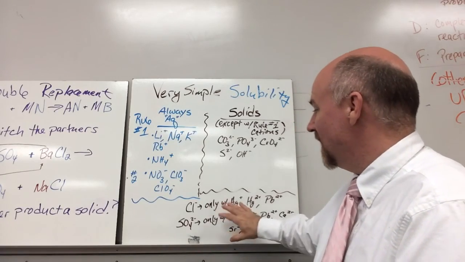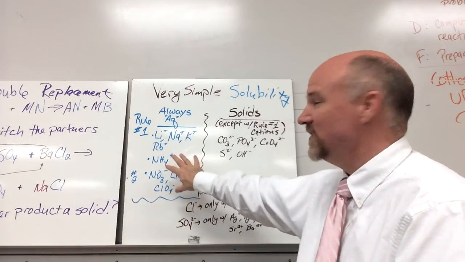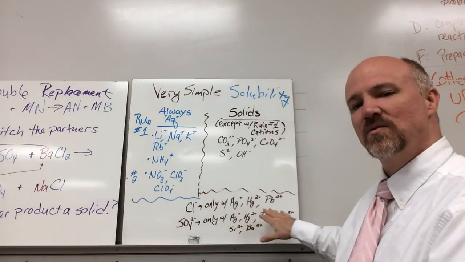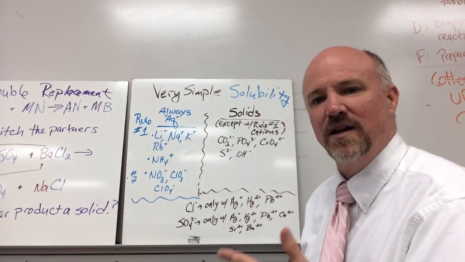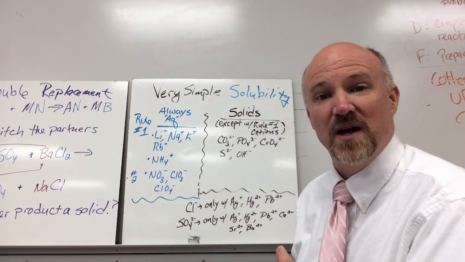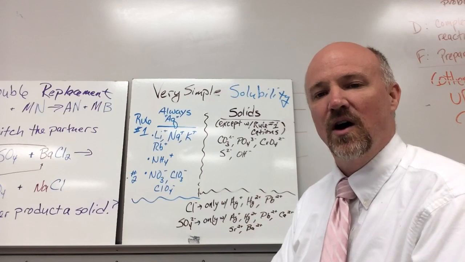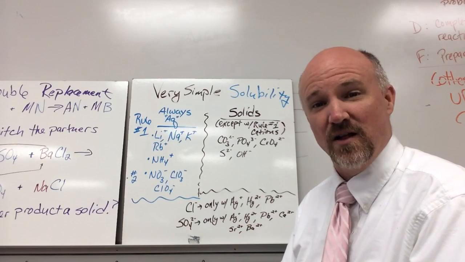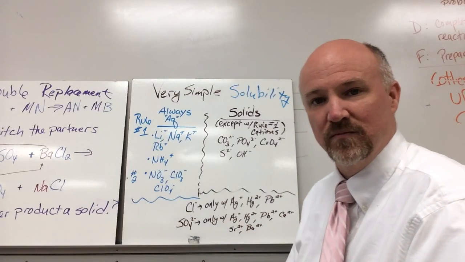Now, the other two ions I have down here, chlorine and sulfate, for the most part, they're aqueous, except when they're paired with just a few select things. For chlorine, it's silver, lead, and mercury. For sulfate, it's those same three heavy metals, and also the lower part of the alkaline earth metals, the second column, group 2A. So calcium, strontium, and barium.